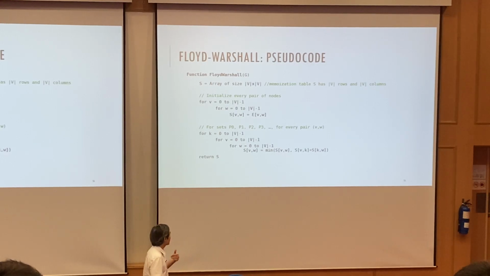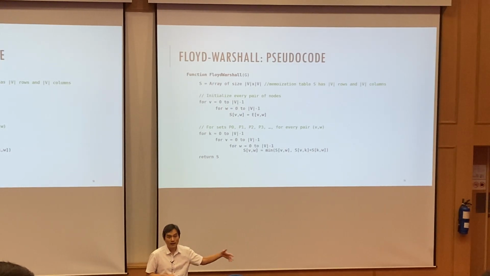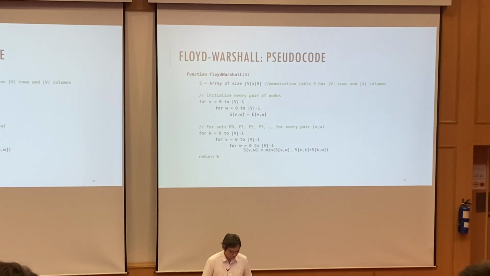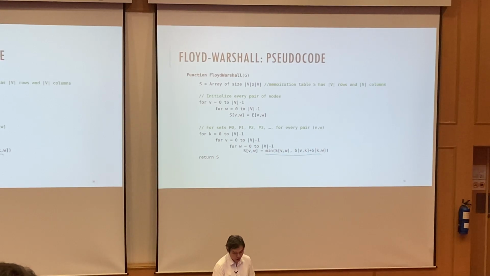So you go through P0, P1, P2, P3, all the way to Pn, and for each one of those, you have to check each element in your matrix. We're just doing this simple check. What's the running time?